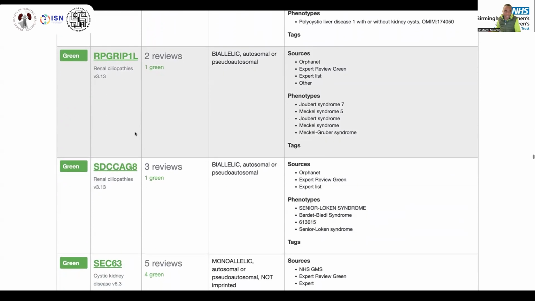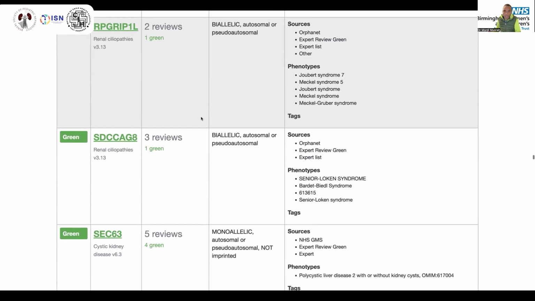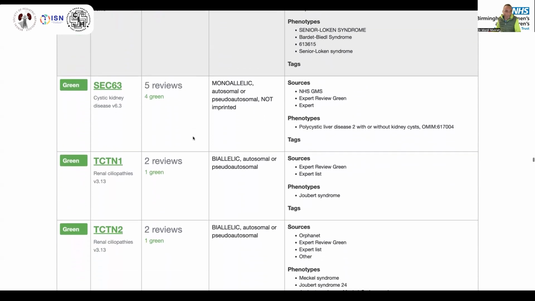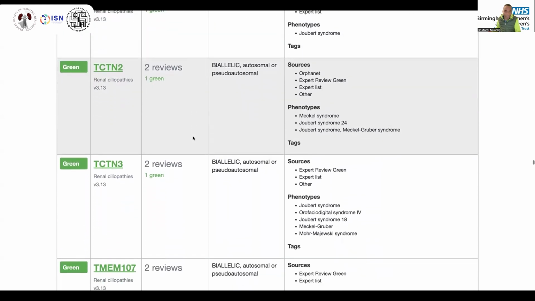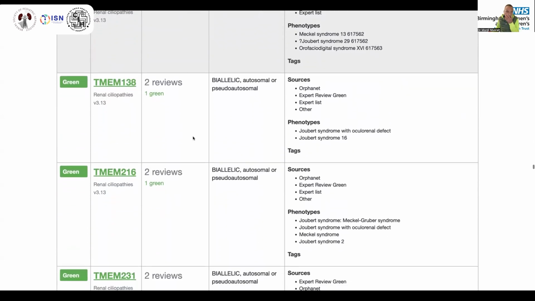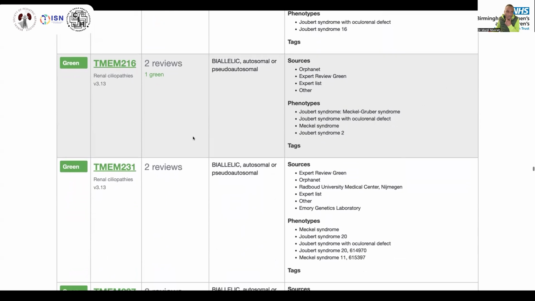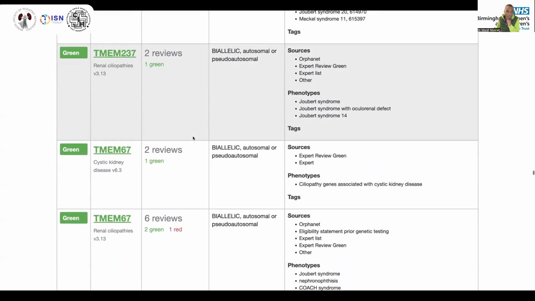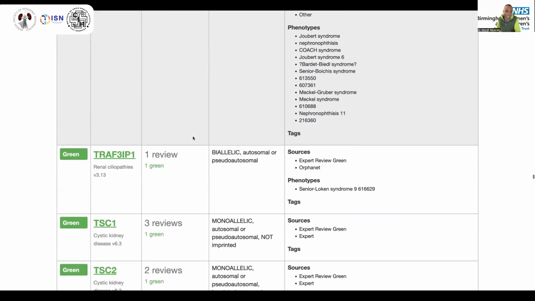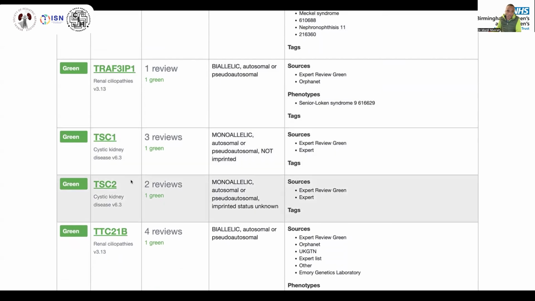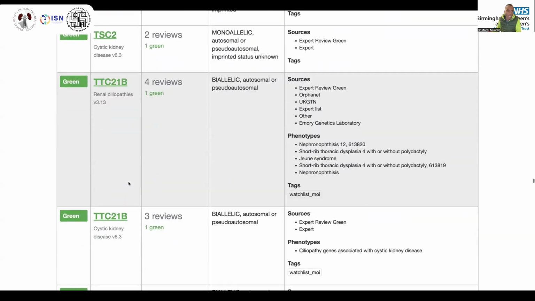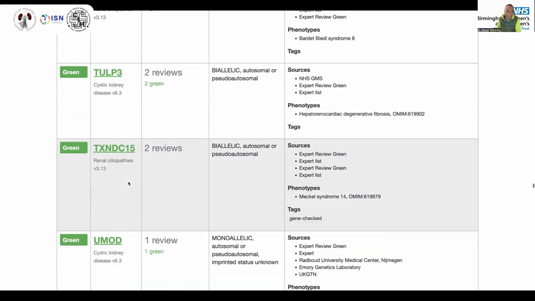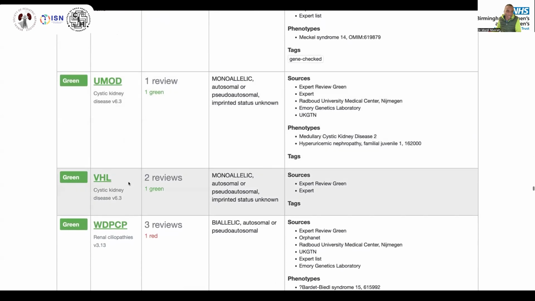Some other retinitis pigmentosa genes, which can be found in Joubert, are once again manifested here. So I think a lot of these genes would be very familiar to us, but certainly plays an important role, and the tuberous sclerosis ones here, in terms of being able to make a diagnosis of what cystic kidney disease are.